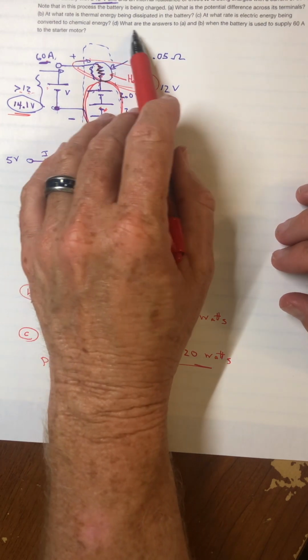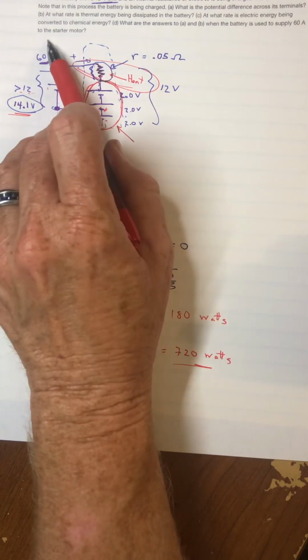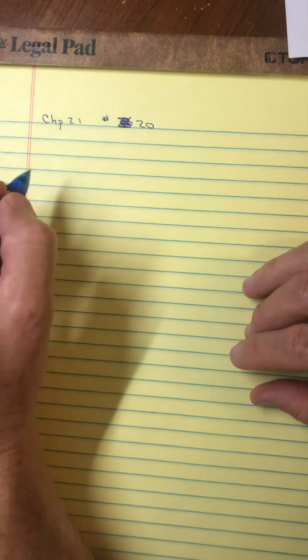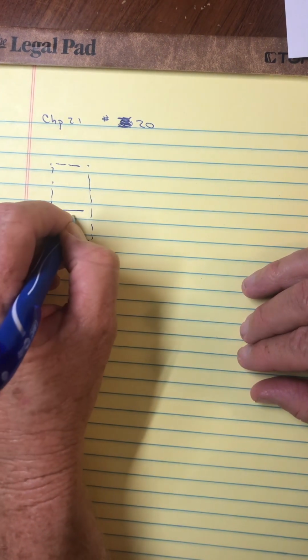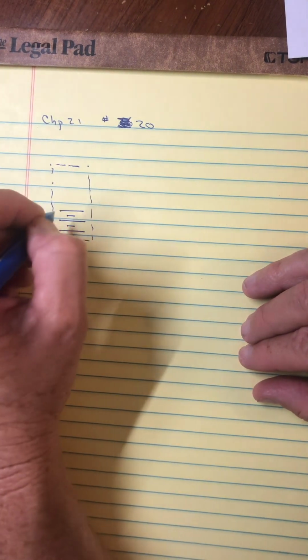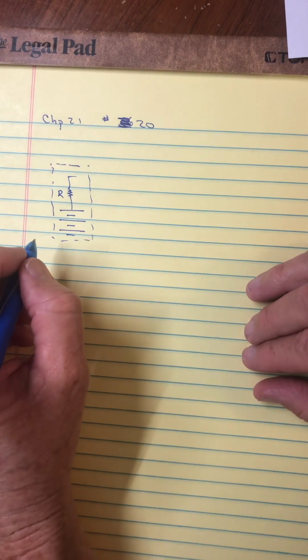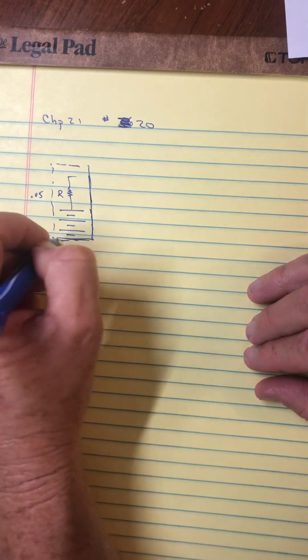Now, here's an added fun part of this. It says, now, what were your answers to A and B when the battery is used to supply 60 amps to a starter motor? Here's the important difference. If I take my battery and I have this EMF inside, and then this internal resistance r, 0.05 ohms, and here's the edge of the battery.